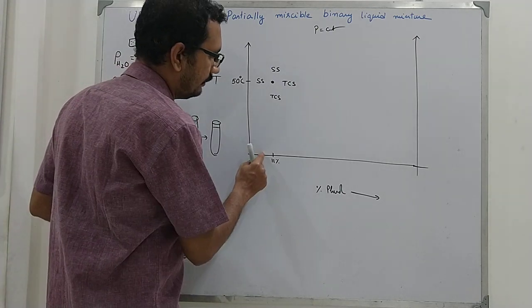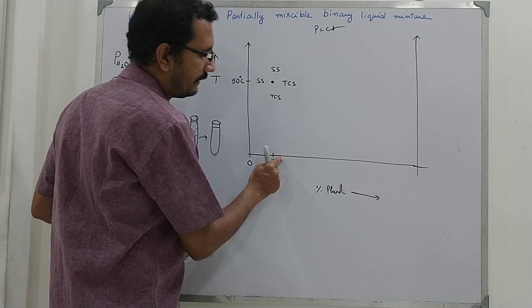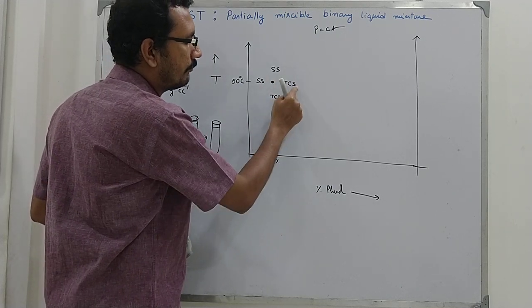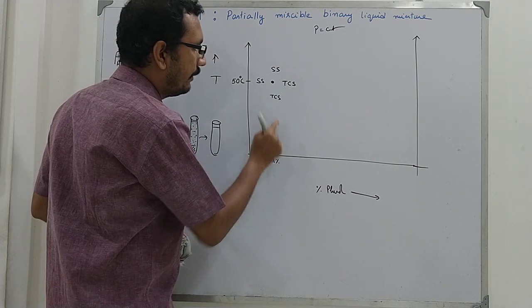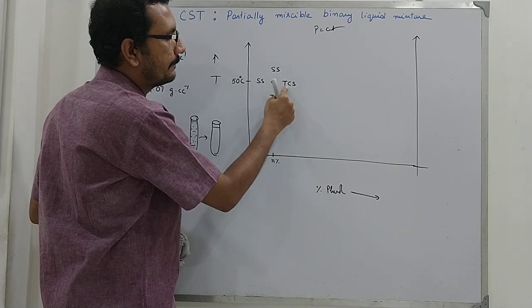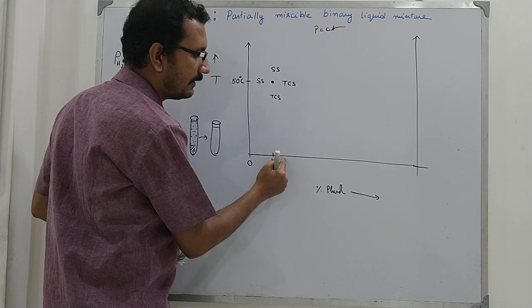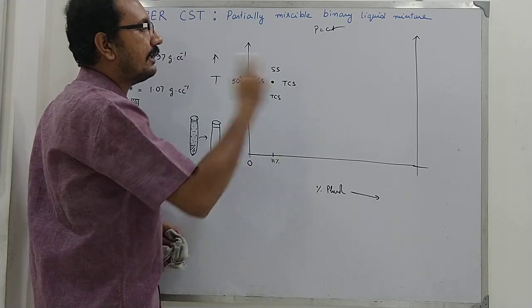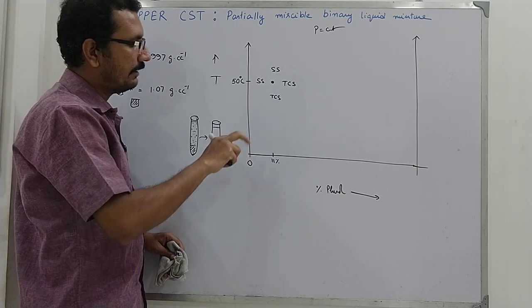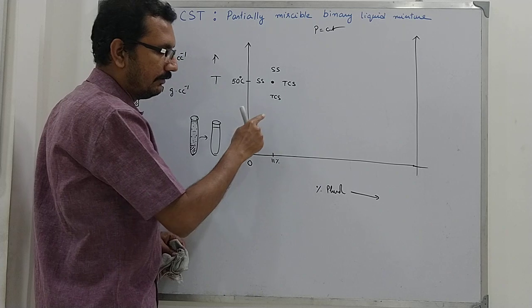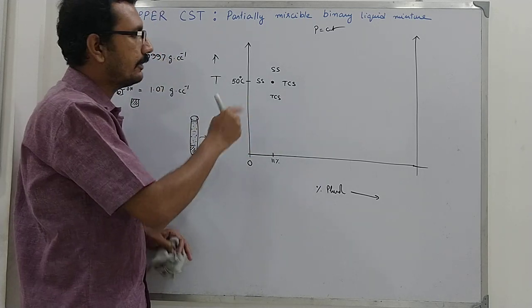Now, when we increase the percentage, we get two conjugate solutions. Now we will not get this point here for the higher percentage of phenol. For a higher percentage of phenol, you need a greater temperature so that the mutual solubility increases compared to this one. Then the solution becomes a single solution.